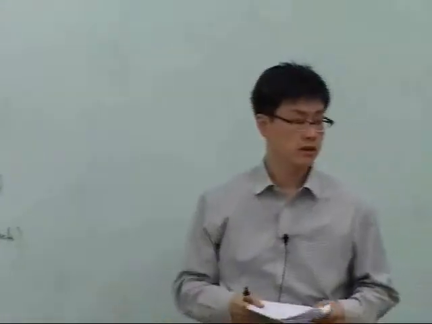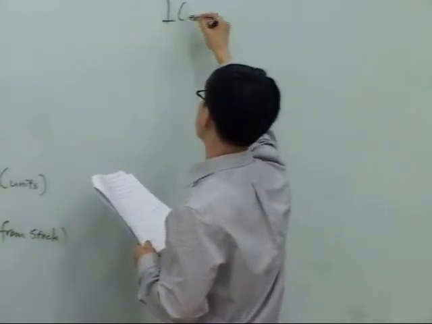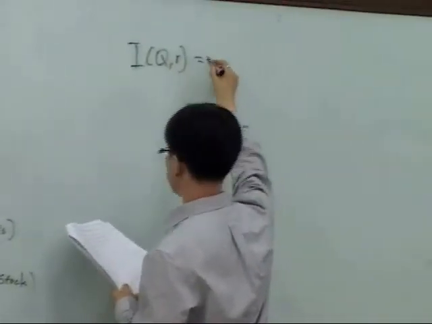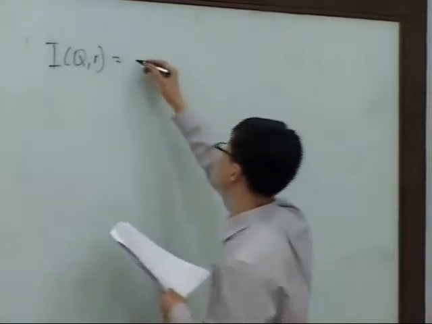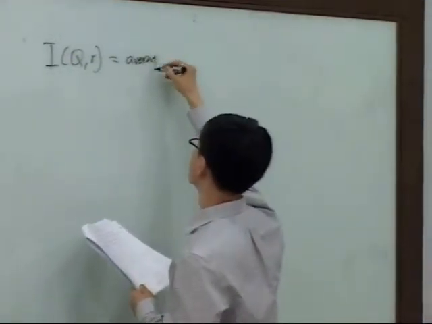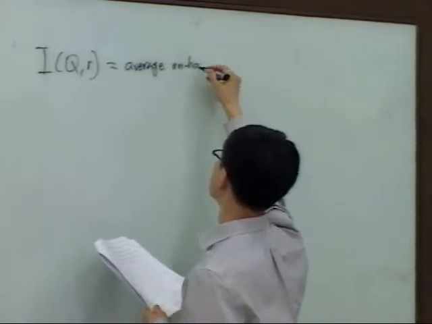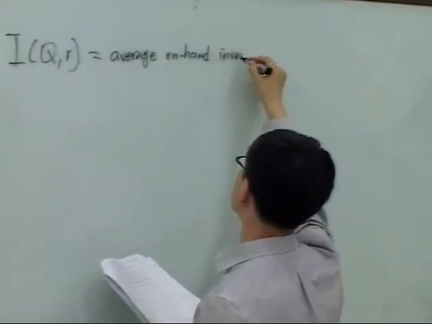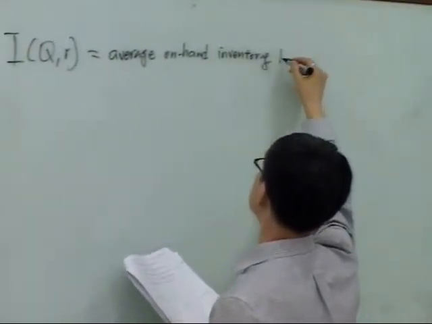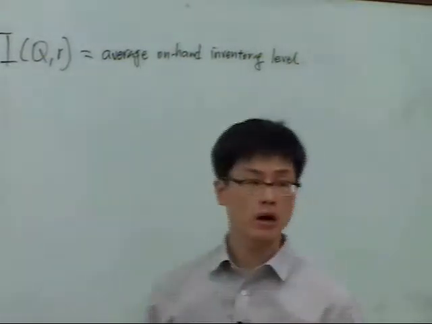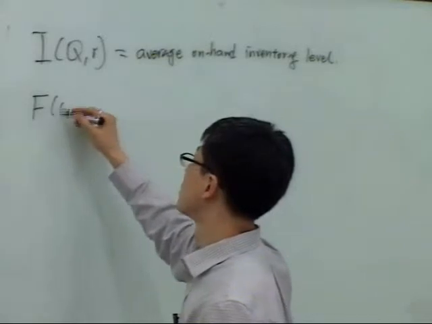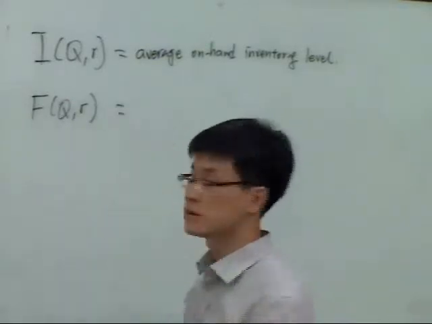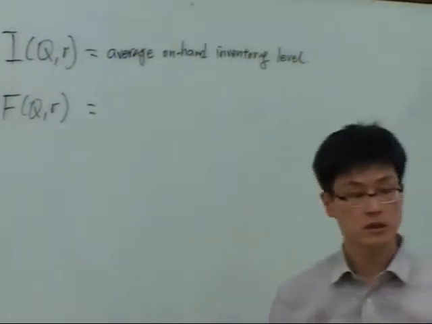And as in the base stock model, we need I. Now as a function of Q and R, it is the average on-hand inventory level. Now we need one more. It's a new concept introduced here.